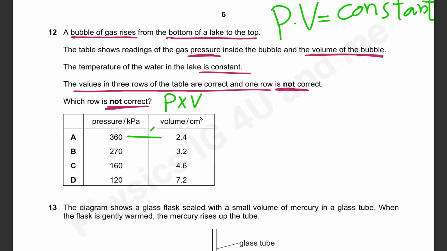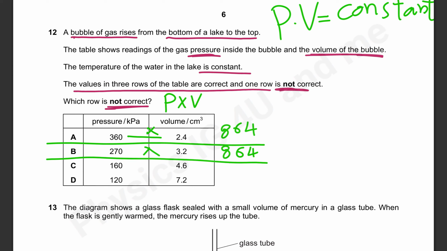So here 360 multiple 2.4, I will get 864. This is in A. Now 270 multiple 3.2, I will get also 864. Now in C, if I multiply 160 multiple 4.6 it is going to be 736.